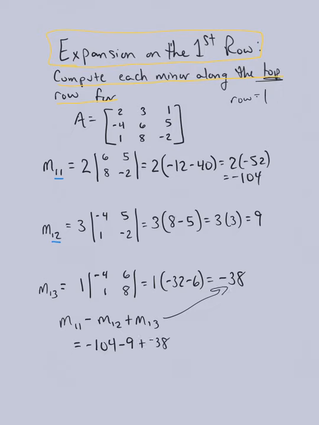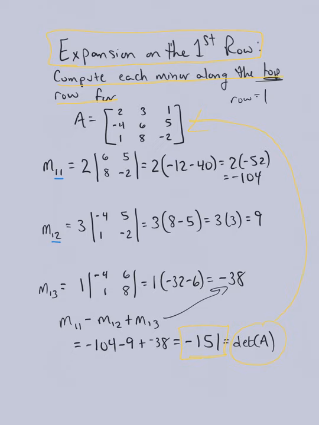If you go and add those together, I believe we're going to get negative 151, correct? Okay, so that seems like an exercise, but guess what? That's actually equal to the determinant of the matrix that we would have been looking for. So the determinant of this matrix is actually equal to negative 151.